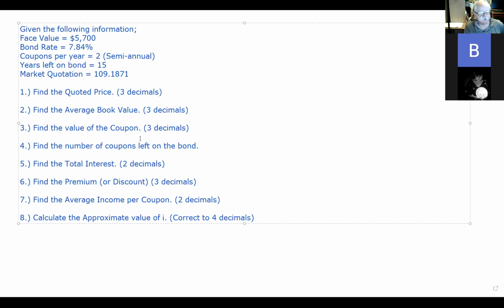I don't think you have the decimal in the right place. When you multiply the 109.1871, there has to be a percent sign after it. So try that calculation again. Because you've got the right numbers, but you didn't include the percent sign in the calculation.